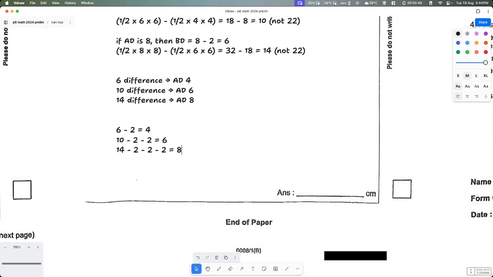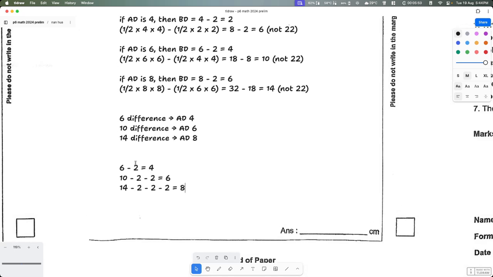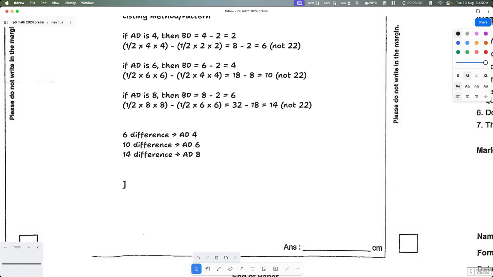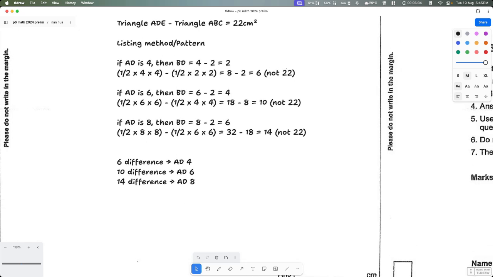You see the number pattern over here. So how do we know this is 2, this is 2, this is 2? Actually, I saw the pattern. Okay, so basically, I got it.